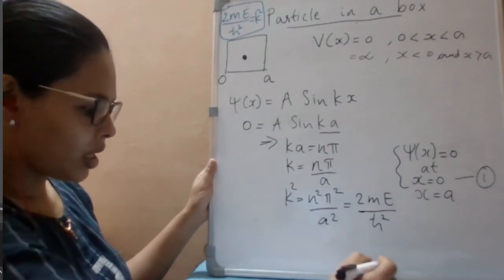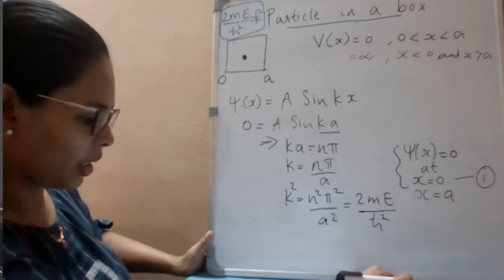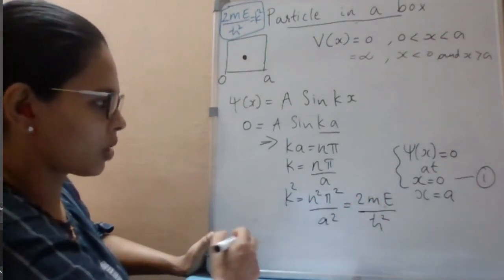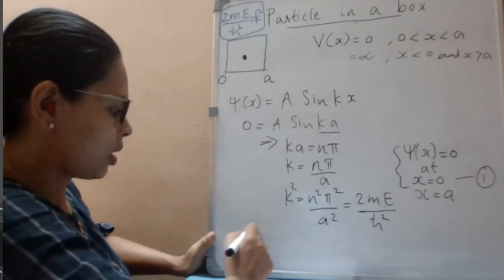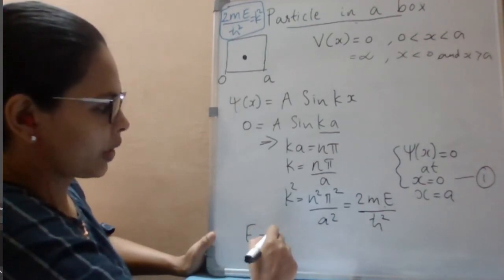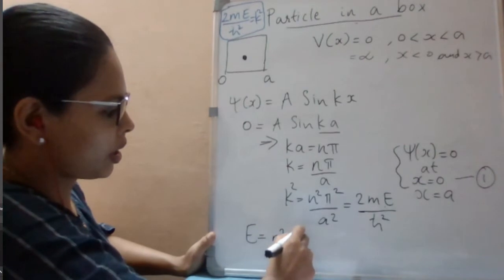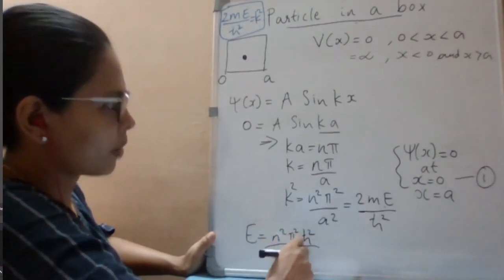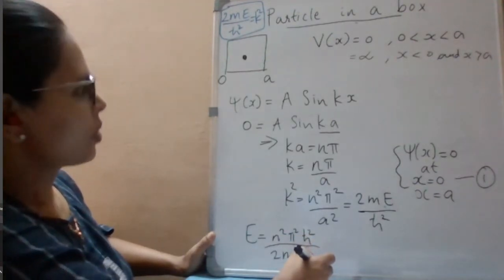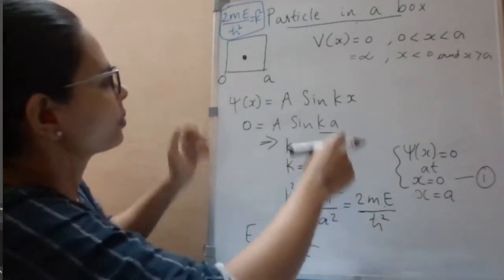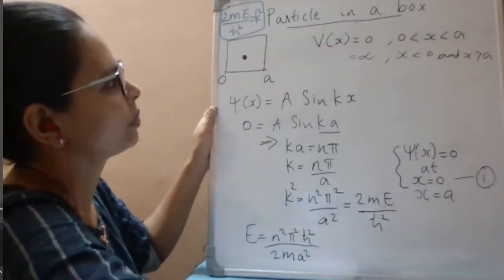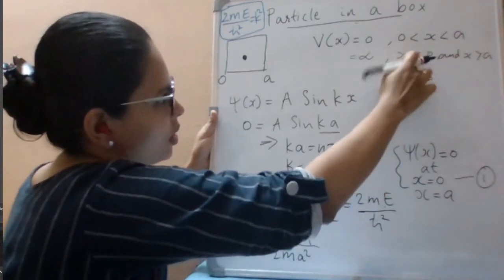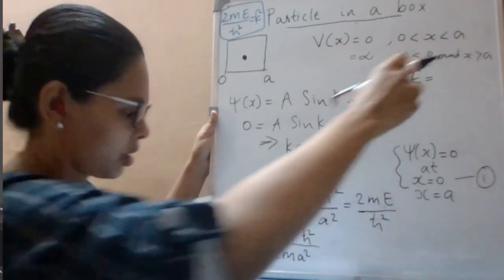So you have energy E is equal to, E is here, so I'll take all the remaining terms to the right hand side. So E is equal to n square pi square h cut square by 2ma square. This is the condition we get.